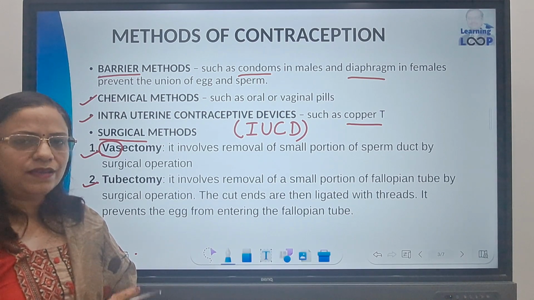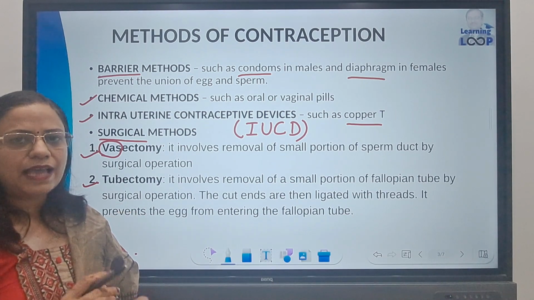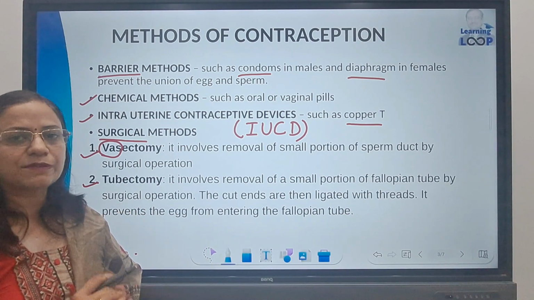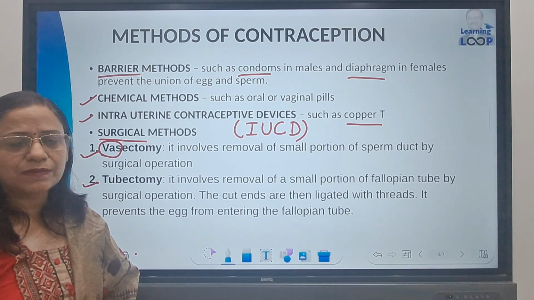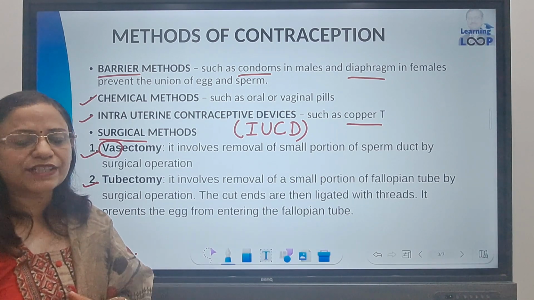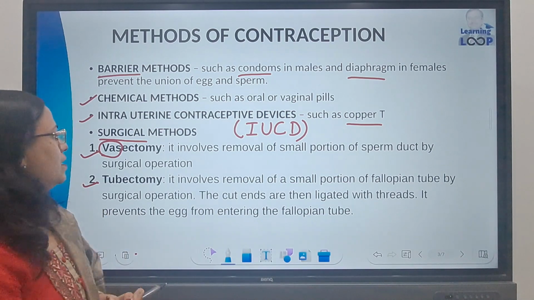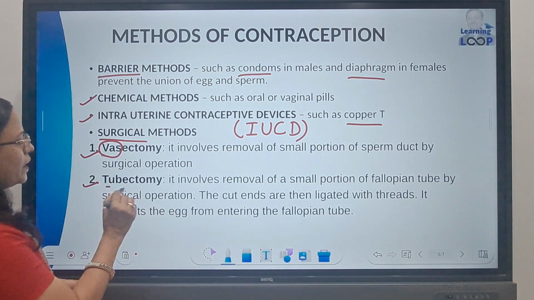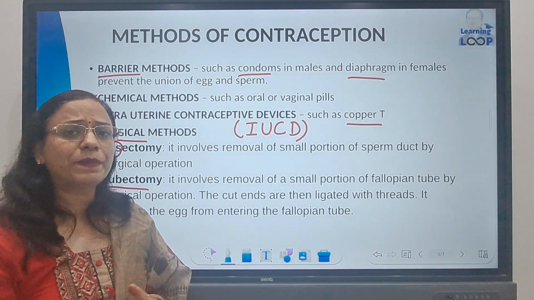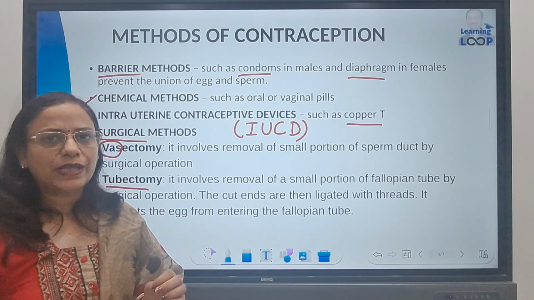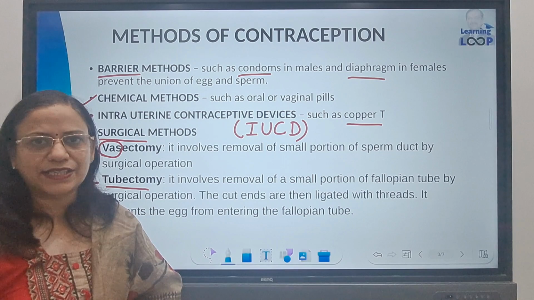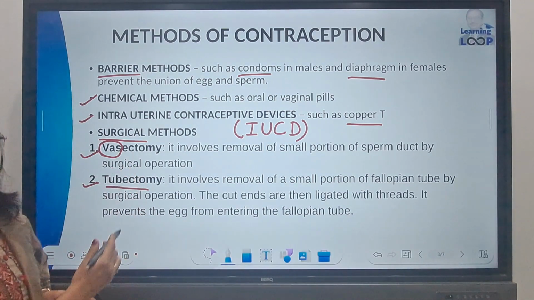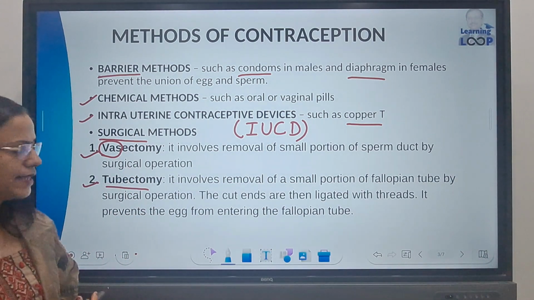In vasectomy, the vas deferens is cut and the two ends are tied so that the sperms are not able to travel through the male reproductive system, so they cannot be transferred to the female system. That is how it helps. And in tubectomy, the two fallopian tubes are cut and tied so that the egg does not enter the uterus for fertilization. So that is how the surgical method helps in preventing pregnancy.